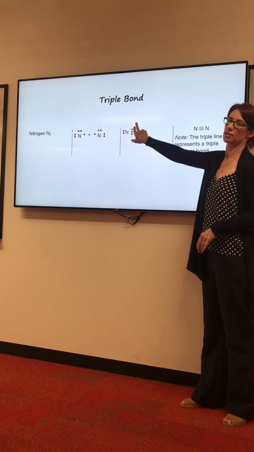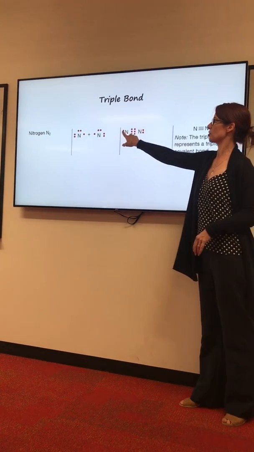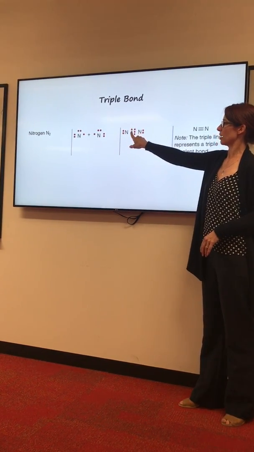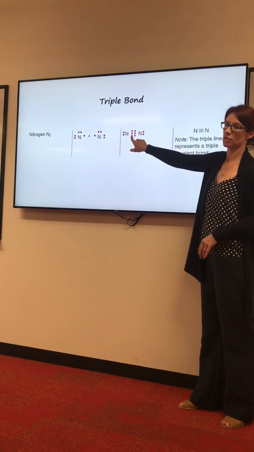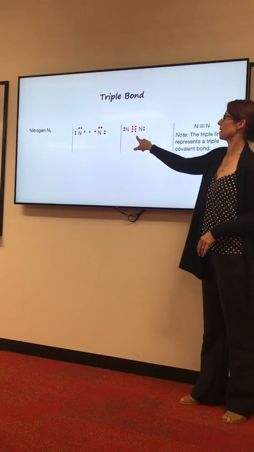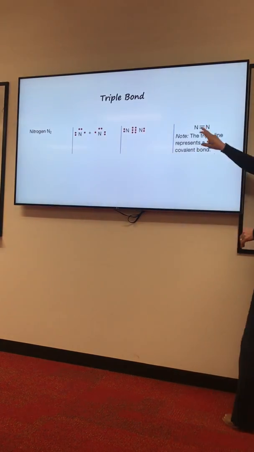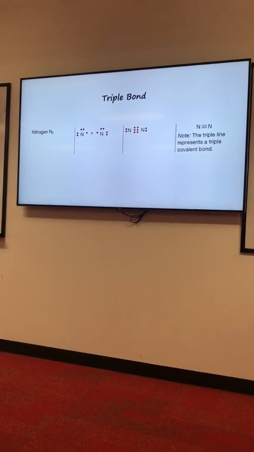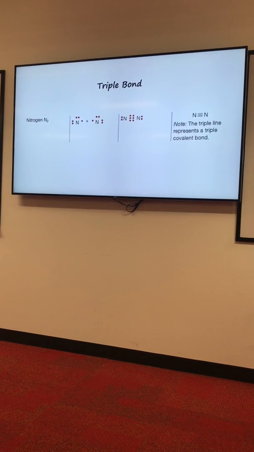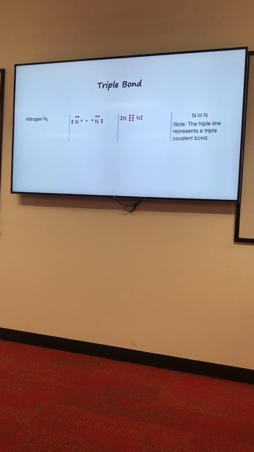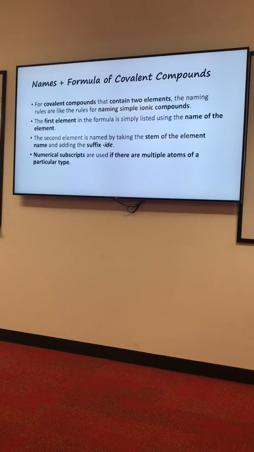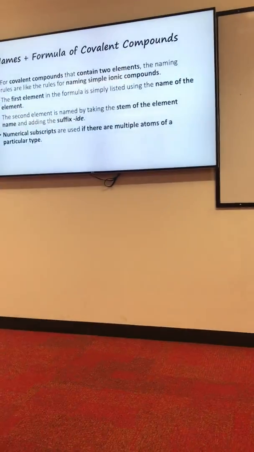So we put our shared ones in the middle. So you can see that there are 2 that aren't shared, but then nitrogen will share 3 of its electrons with the other atom. 2 plus 6 equals 8. We represent those 3 electrons being shared with a triple bond line. Don't stress too much about that. Alright, now this is the bit that's new.